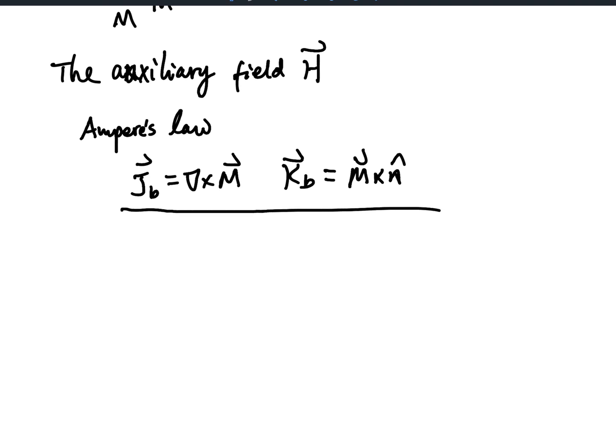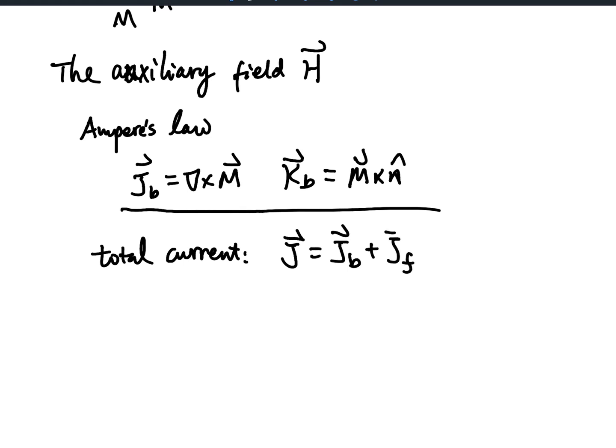We also have some free currents, the other things that we can apply. So the total current is just J equals the bound current plus the free current. This is the effect that is due to magnetization.